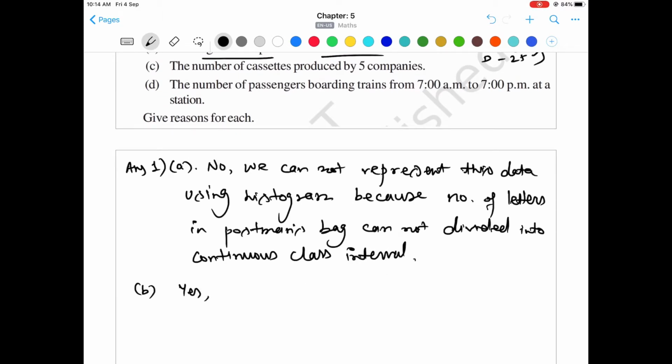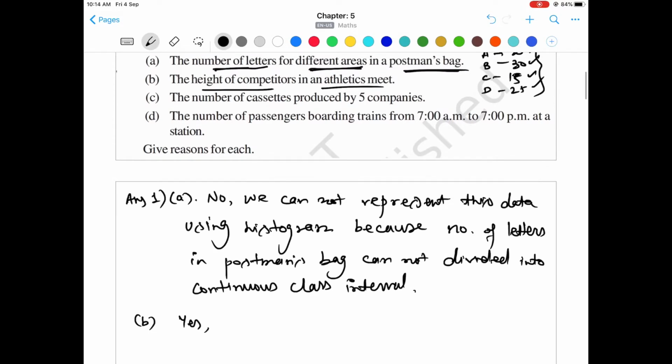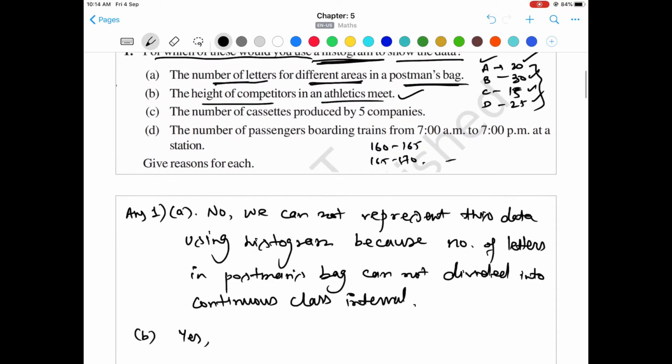Because the height of competitors in an athletic meet can be divided into ranges. If we count in centimeters, we can divide it into intervals, let's say 160 centimeter to 165 centimeter, 165 centimeter to 170 centimeter and so on. So this data can be divided into continuous class intervals, hence it can be represented using a histogram.